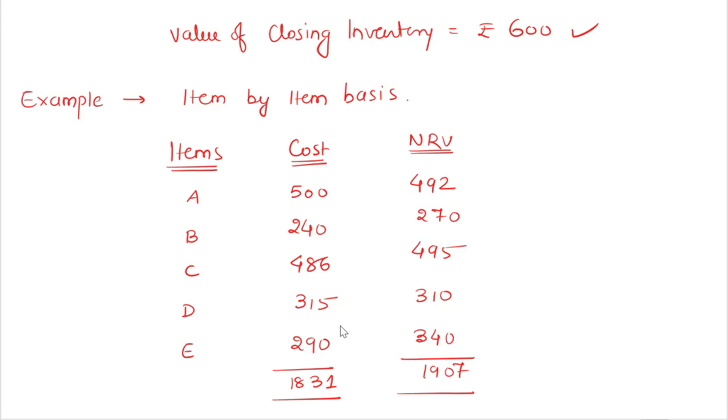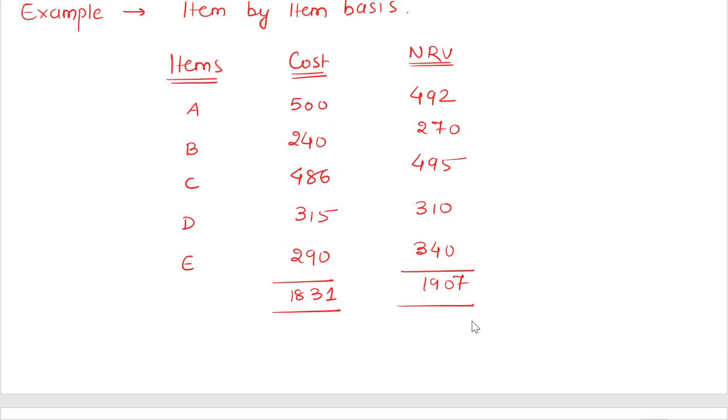We need to calculate the value of inventory item by item basis. My dear students, if you could do like this, cost or NRV, whichever is lower, using the totals, but we can't do so. We have to see item by item basis. That means first item, A, 500 and 492, whichever is lower, so it is 492.